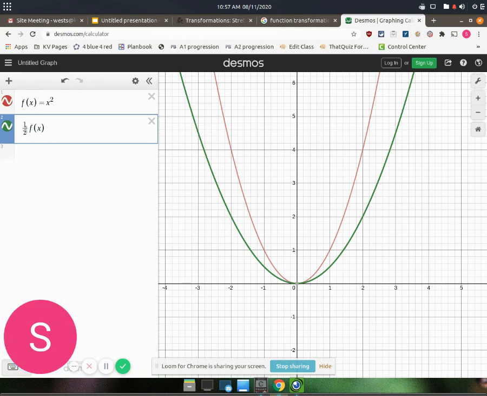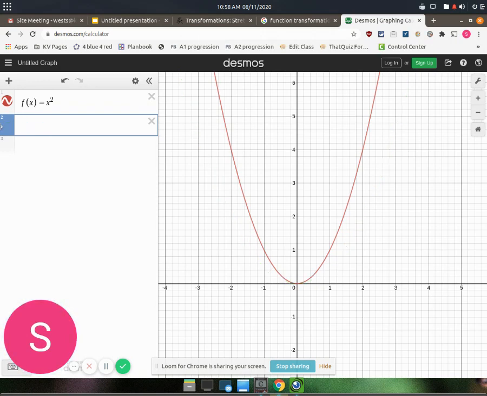I will look at changing numbers on the inside now. This is a little weird looking, but if we look at f of 2x, this is going to be a horizontal compression. Remember the red one is your original.